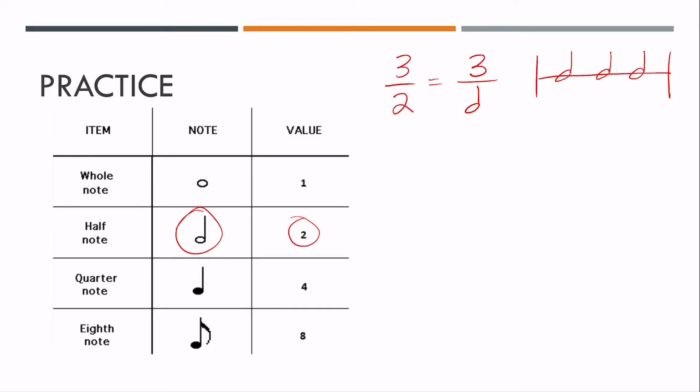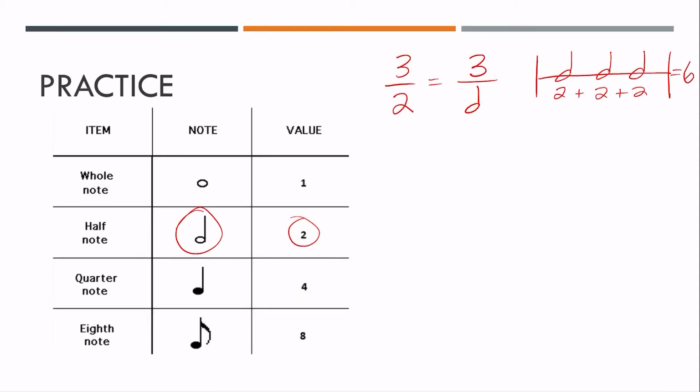Now, how many beats is a half note worth? We know from our note value lesson that half notes are worth 2 beats. Now, if you were to add up the note value of 3 half notes, 2 plus 2 plus 2 equals what? 6.